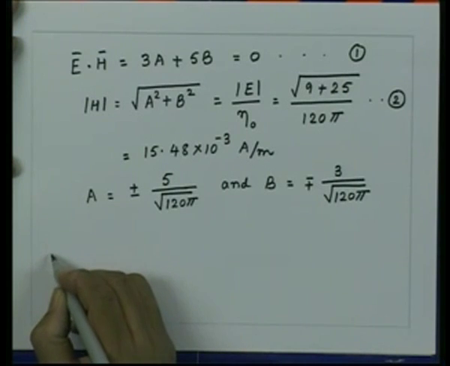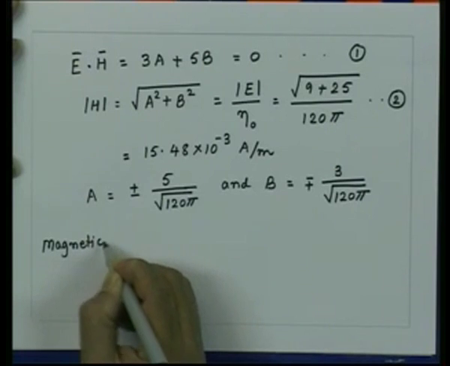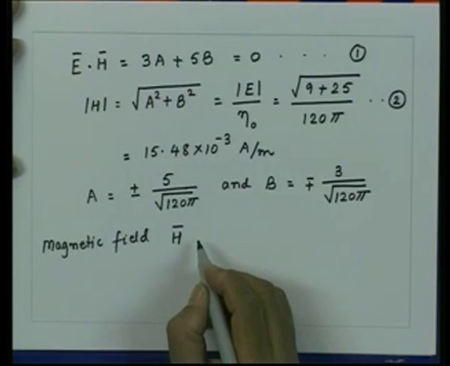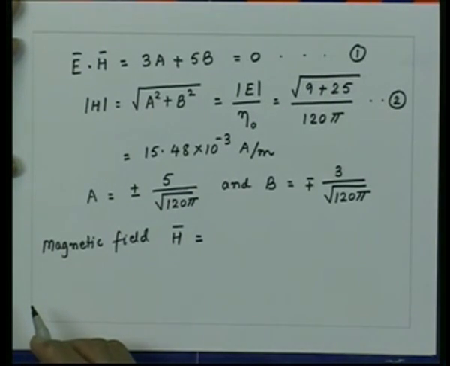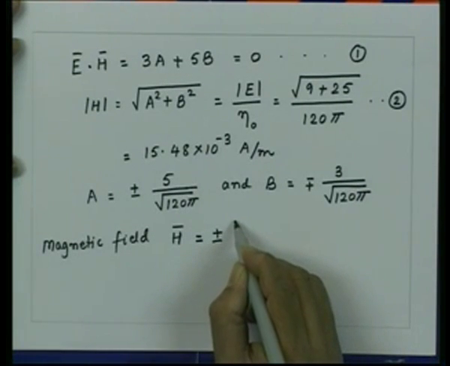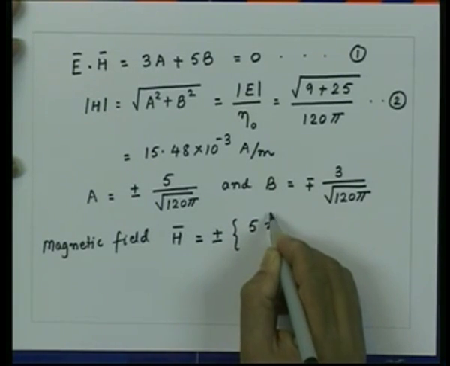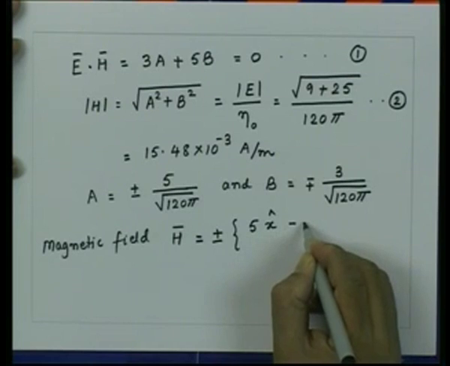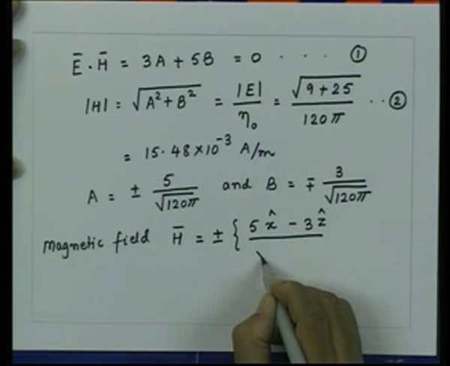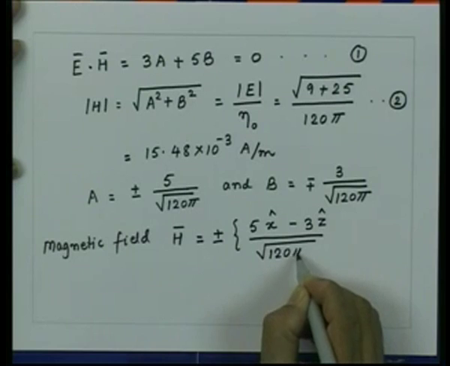So, the magnetic field vector H is equal to plus minus (5 x cap minus 3 z cap) upon square root 120 pi.